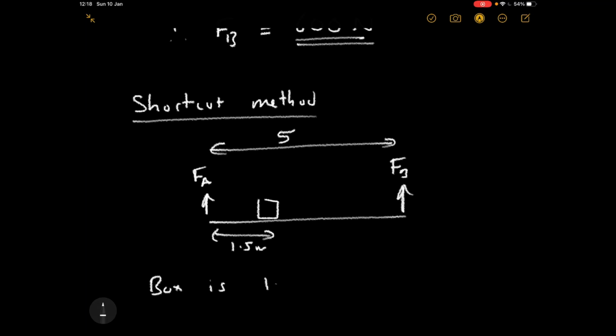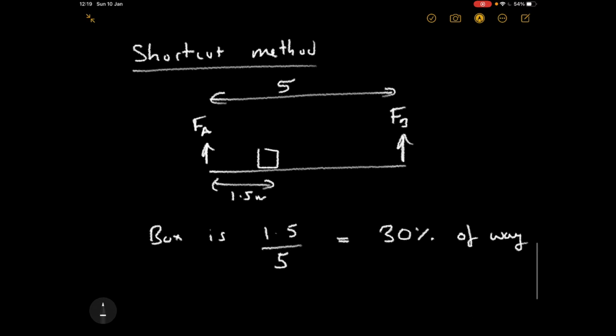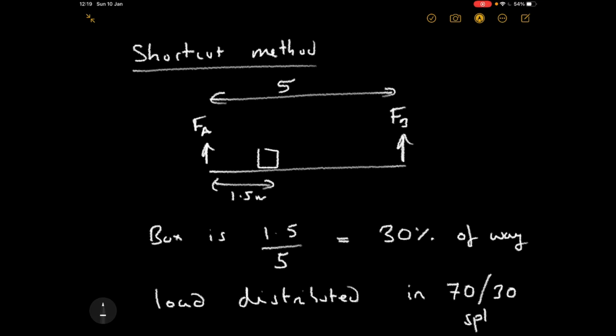So the box is 1.5 over 5, which is 30% of the way. And that means that the load will become distributed in that ratio. So the load is distributed in a 70-30 split.